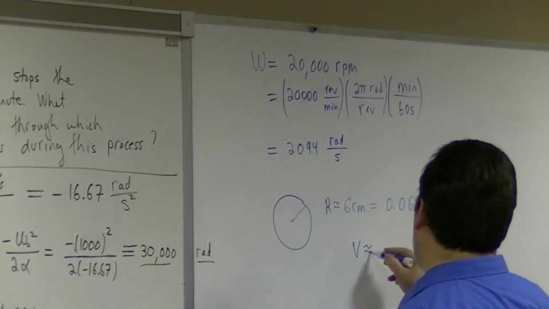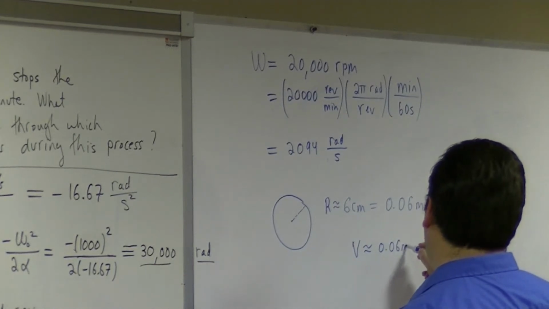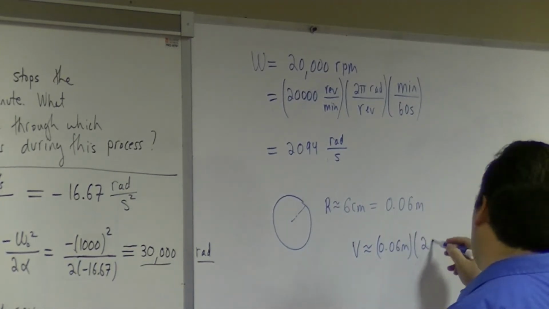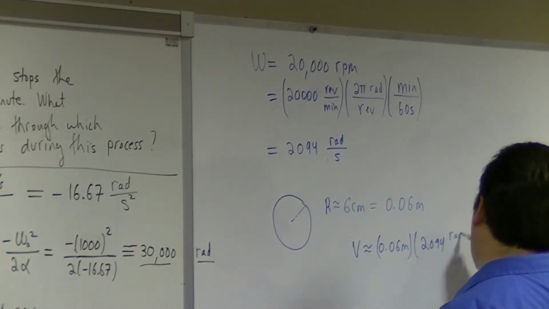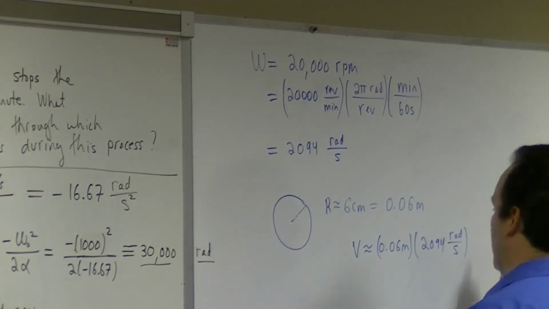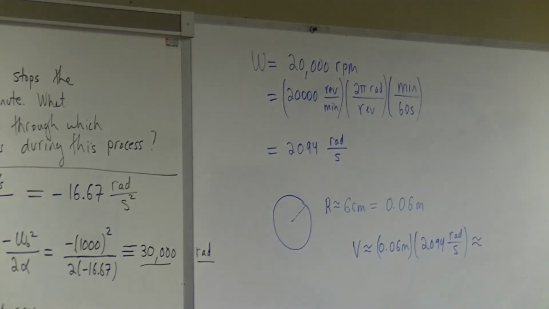It's approximately 0.06 meters times 2,094 radians per second. This is like just before it breaks speed. What do we got? 125.7 meters per second.